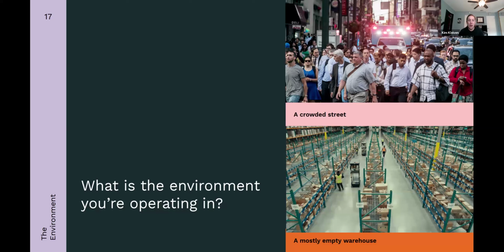Versus if you're in a mostly empty warehouse and there are wide open aisles, then if a robot comes really up in your space, you're like, whoa, there's plenty of open space, give me my personal bubble a little bit. So you should be less aggressive and give people wider berths. Also in a mostly empty warehouse, it might be very quiet. So then trying to use sound to talk to the person could be a lot more effective.